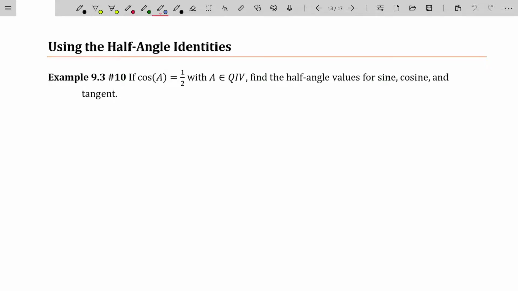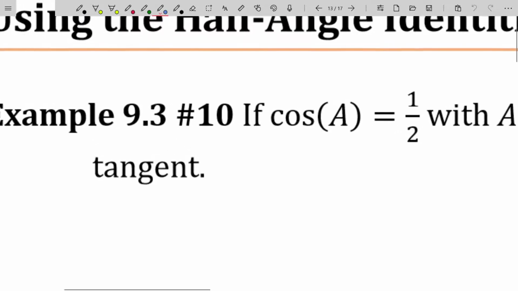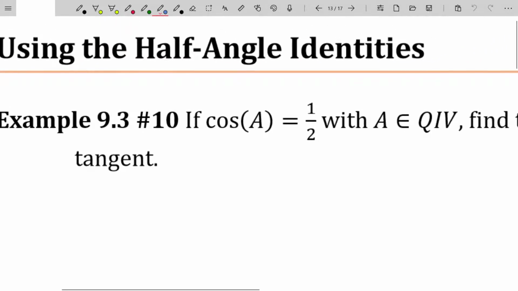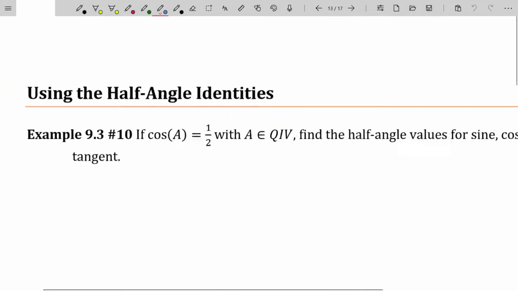So here's this first example. We have the cosine. Somebody handed us the cosine of an angle A equaling 1/2 with A in quadrant 4. Now, to be honest with you, we could find that angle A. So this is somewhat of a trivial example, but let's actually change it up.